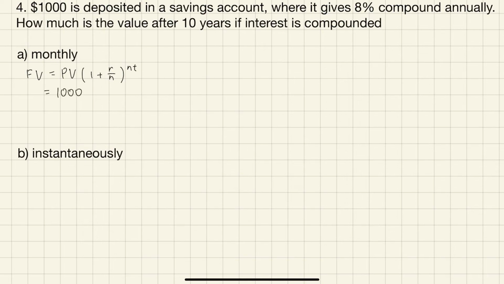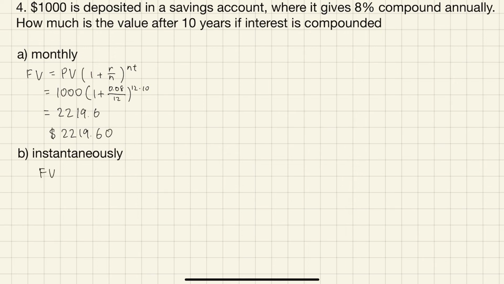When we plug in all our given values into this equation, we'll get 1000 times 1 plus 0.08 over 12 to the power of 12 times 10. This equals 2219.6, which means our future value will be $2,219.60 if compounded monthly.